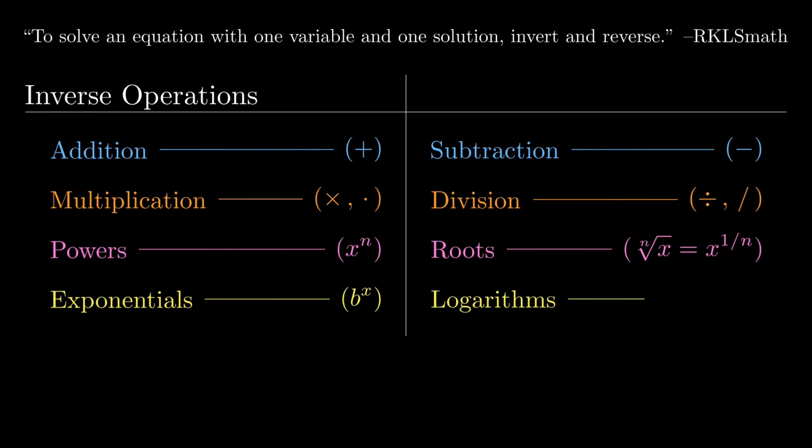Now, I know logarithm, that word sounds intimidating, it sounds confusing, but all it is, it's the inverse to an exponential, just like division is the inverse of multiplication. It's the same relationship. Good. So these 8 operations right here, paired with their inverses, make up algebra. These are the 8 operations you need to be able to work with for high school or college algebra.